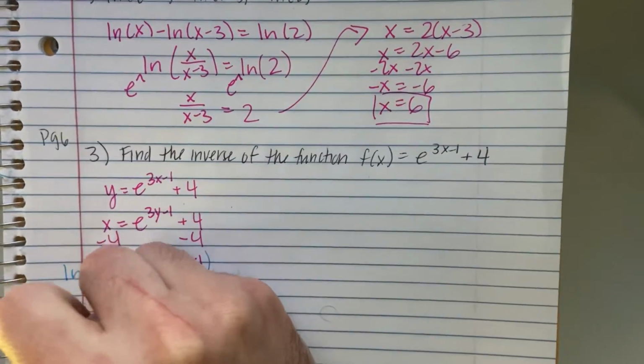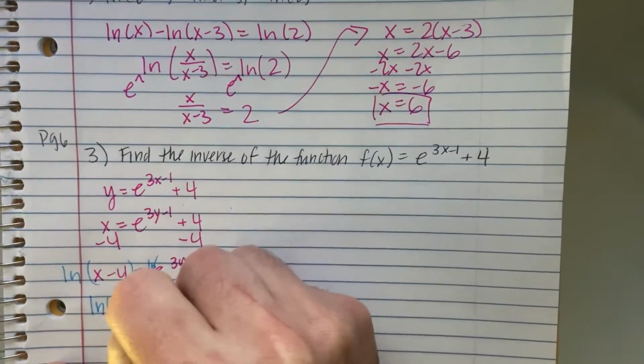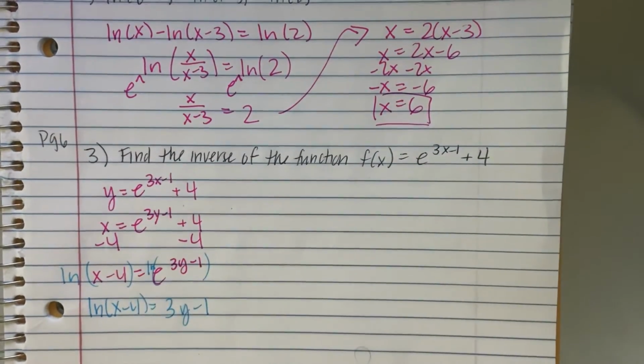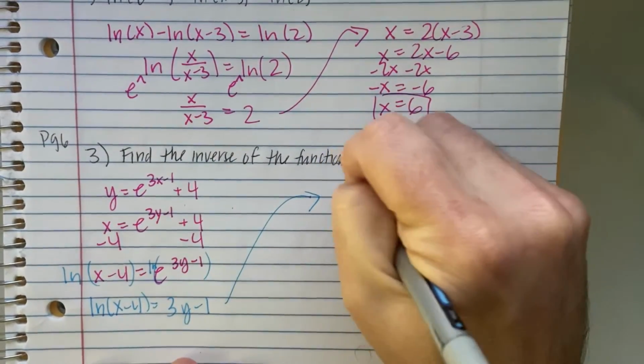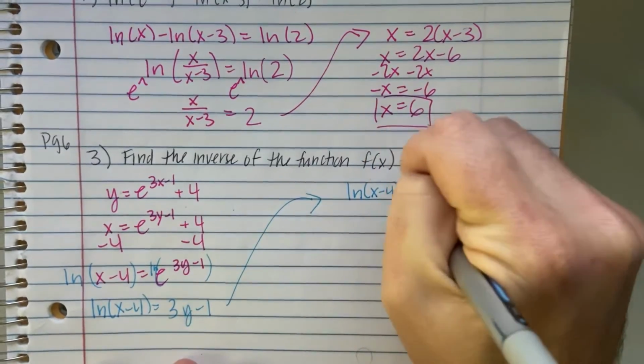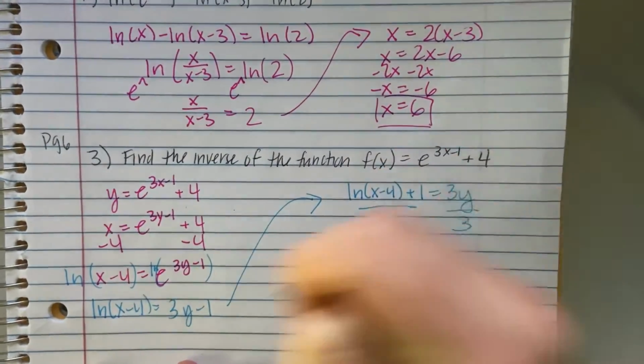So we have the ln of x minus 4. The ln and the e will cancel, so this equals 3y minus 1. I'm going to get y by itself. I have to add 1, so we have the ln of x minus 4, plus 1, equals 3y, and then divide by 3.